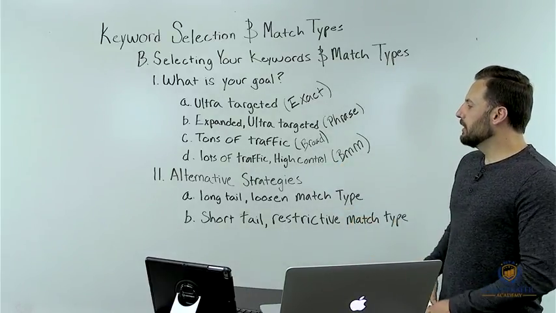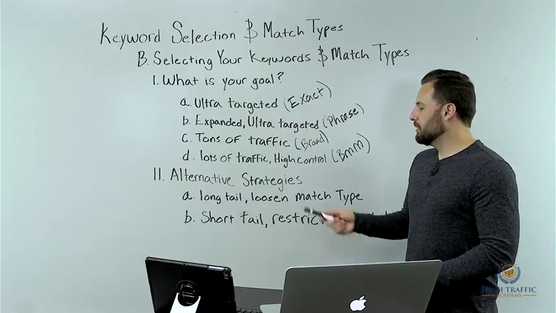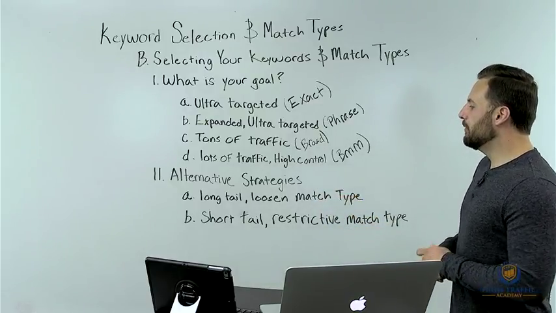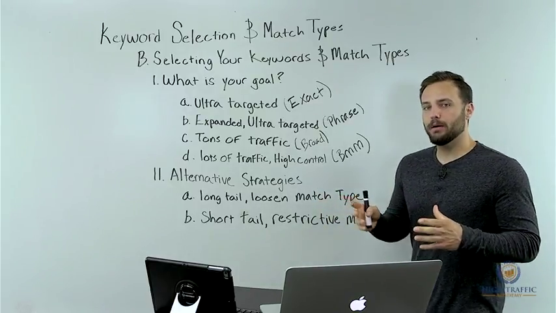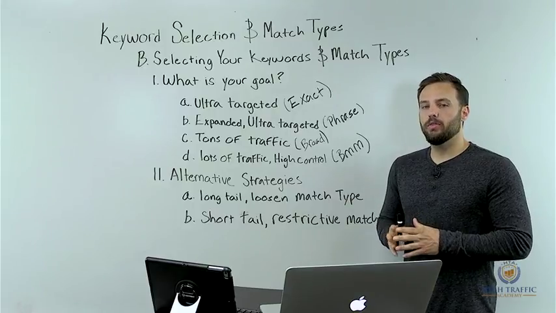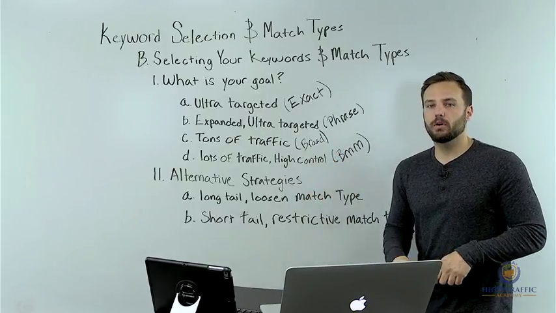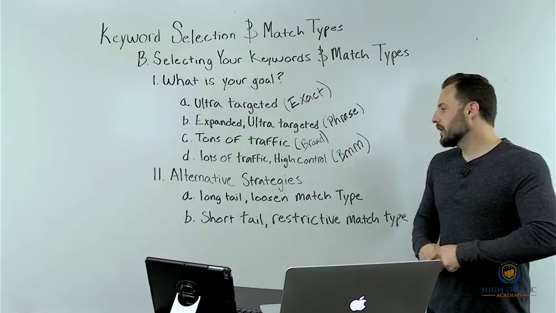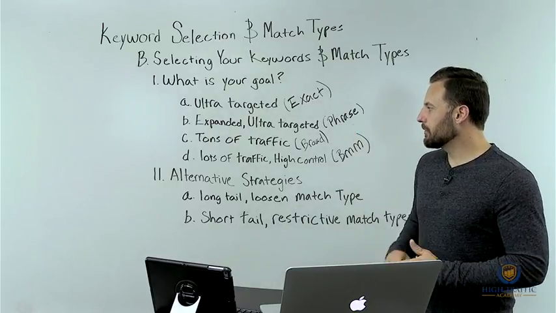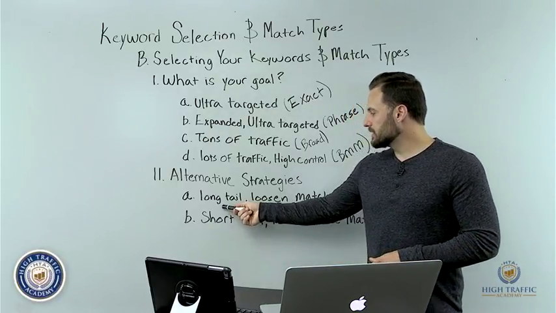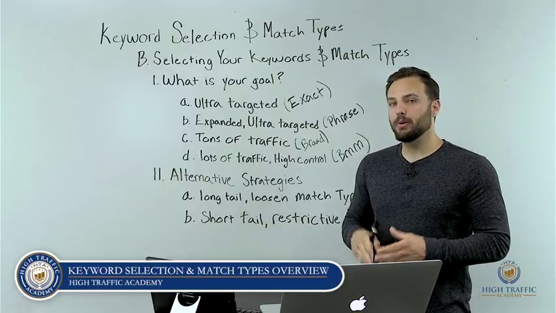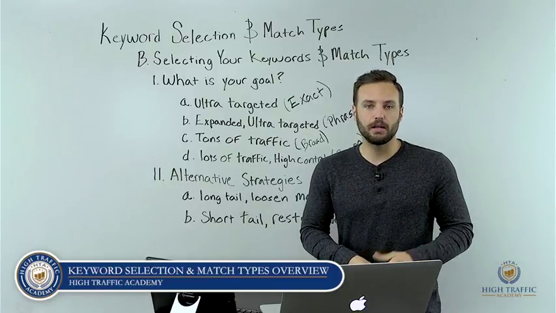So a couple of alternative strategies here would be to go with your match type based on the length of the keyword that you're targeting. What I mean by that is, if you remember in one of our previous videos in this course, we went over the difference between a long tail and a short tail key phrase.